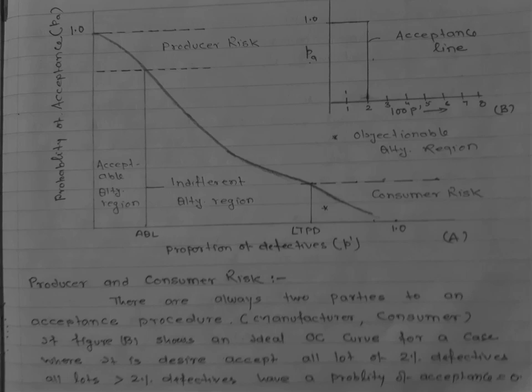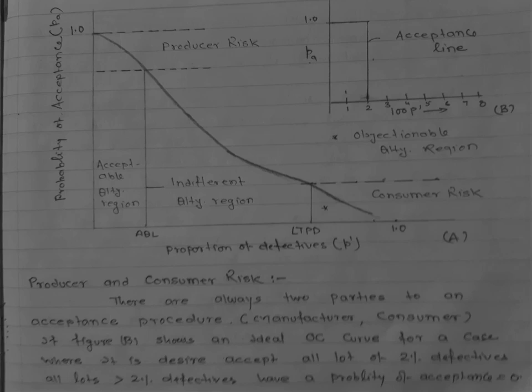That means if we are producing a product and within a lot, if 2% of the components are defective, then we can say it is acceptable. So all lots greater than 2% defective have a probability of acceptance equal to 0. So this is the ideal OC curve, and that is not practically possible.